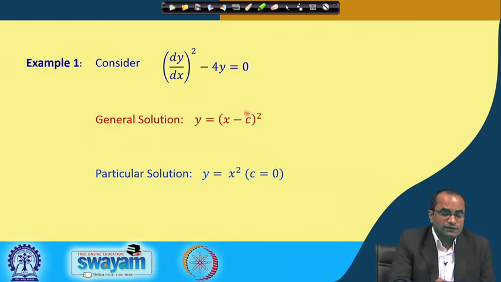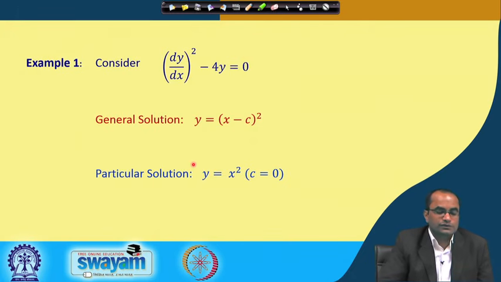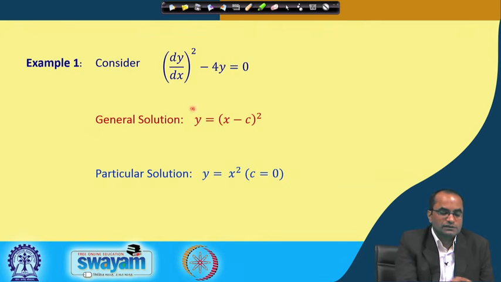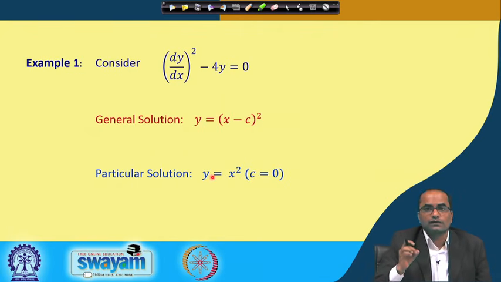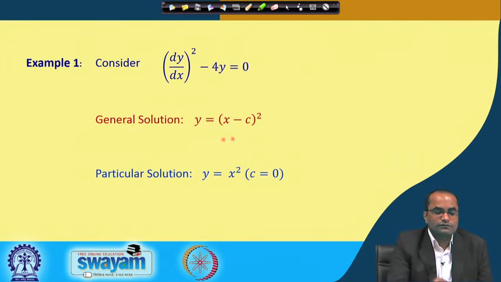It was a family of parabolas, but now we have a particular curve out of this family. So, we call this a particular solution, not the general solution. This was the general solution. Both are solutions, but one is the general solution, the other is a particular curve out of this family of one parameter curves.